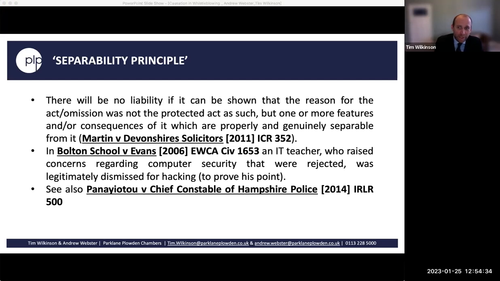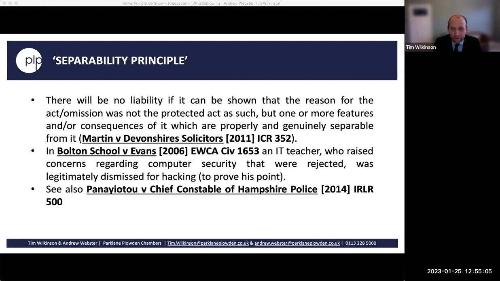And in this particular case, it wasn't the making of the allegations of discrimination which led to the dismissal, or the sole or principal reason for the dismissal. It was a combination of other factors separable from the disclosure, factors such as the seriousness of the allegations, the repetition, the refusal to accept that the allegations were false, and the likelihood of those allegations continuing.